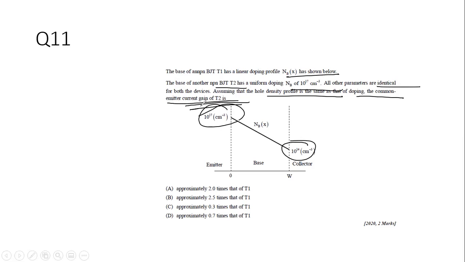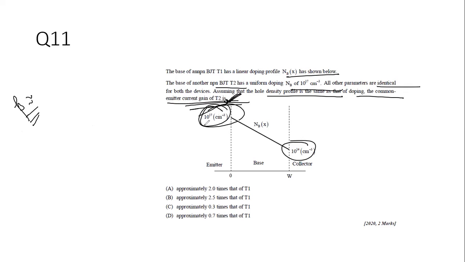The common emitter current gain of T2 is what? Beta. All parameters are identical, and both have the given profile.